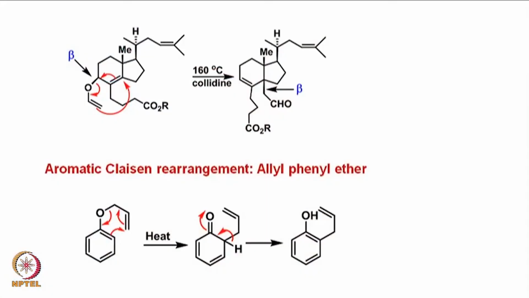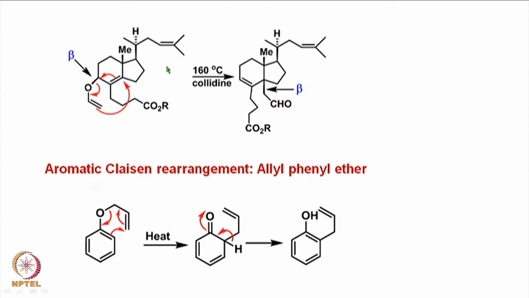For example, if we do not use Lewis acids or such kind of hydrogen bonding aided solvents, then of course we need very high temperature for the Claisen rearrangement to occur.